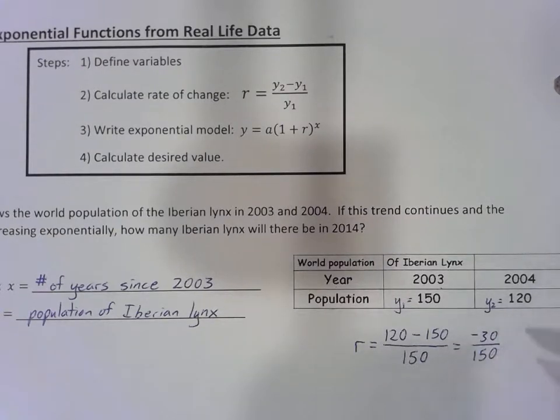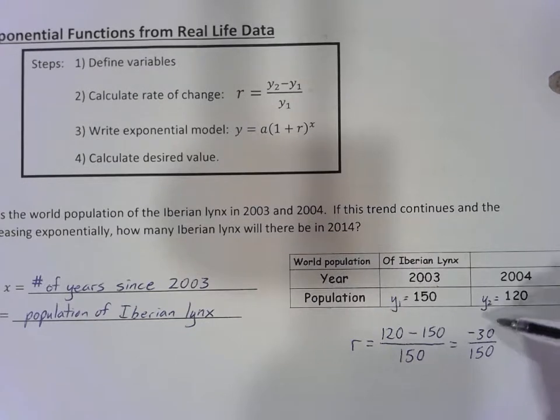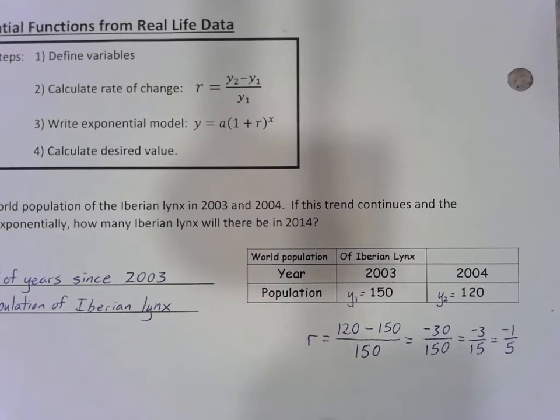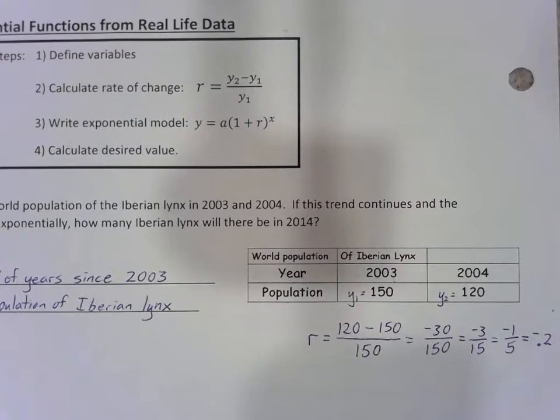Negative 30 over 150 can reduce, divided by 10, gives you negative 3 over 15, divided by 3, negative 1/5. And then we could change that into a decimal and say negative 0.2. So we're going to use that as the r value.